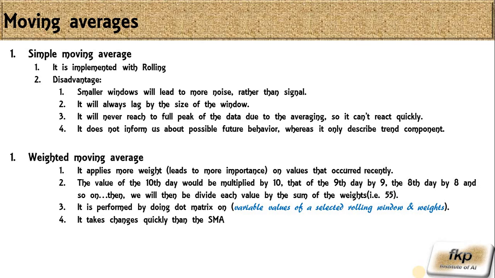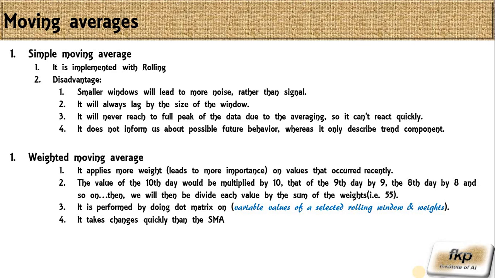So when you say 10 plus 9 plus 8 up to 1, the total sum of those weights is 55. So after multiplying, we are dividing by 55. That way we get the result from the weighted moving average.